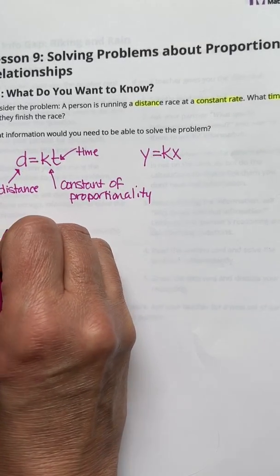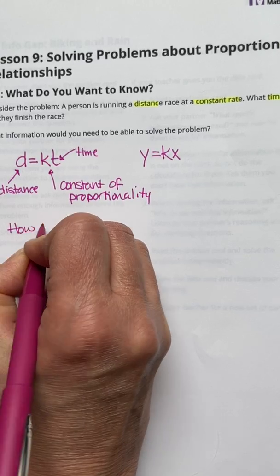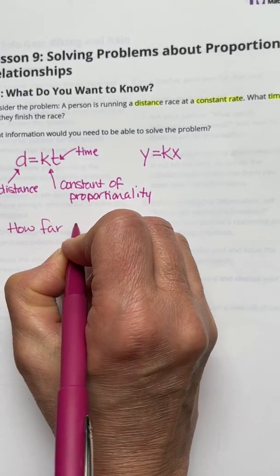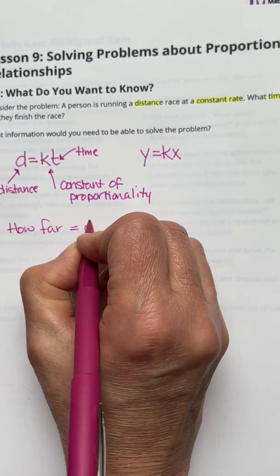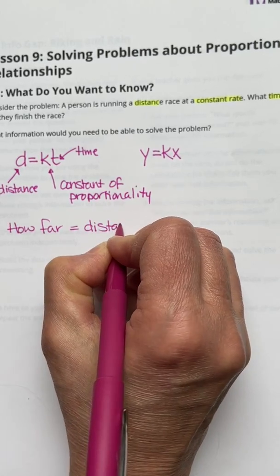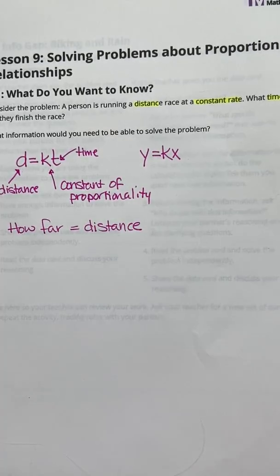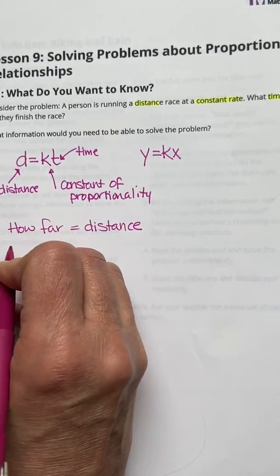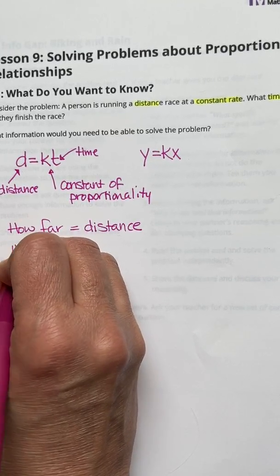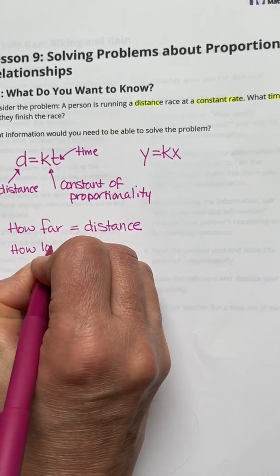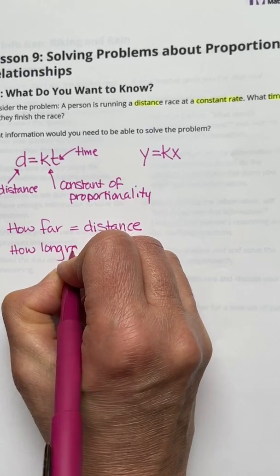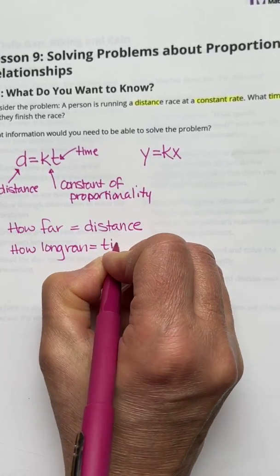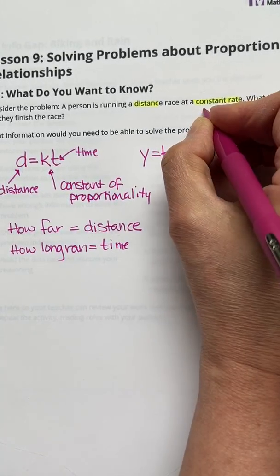All right, what do I need to know to solve this? Well, I need to know how far they ran, or in other words, I need to know the distance. I need to know the time, how long they ran for. And I need to know their constant rate.